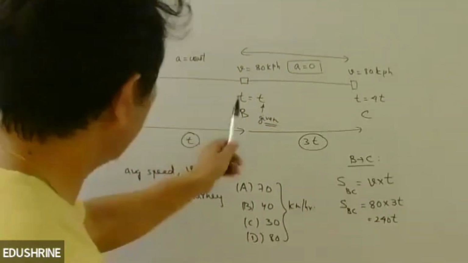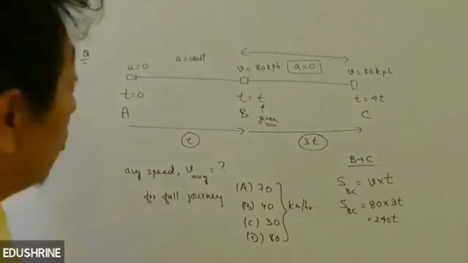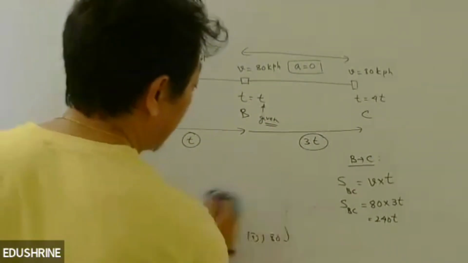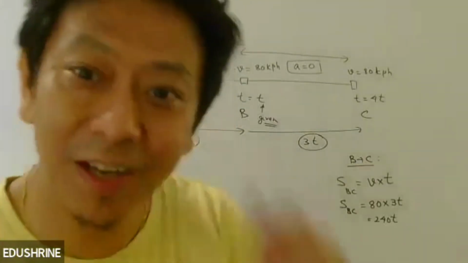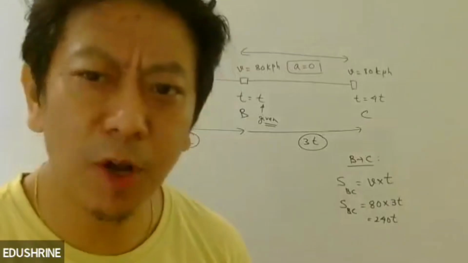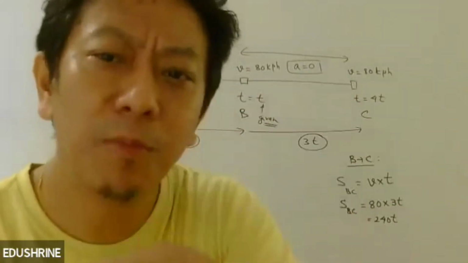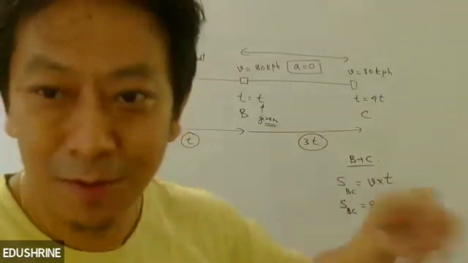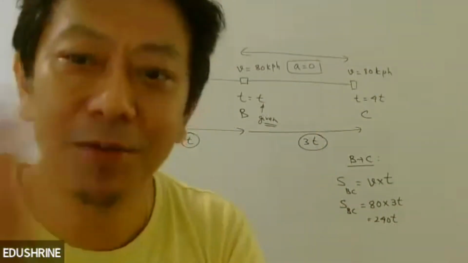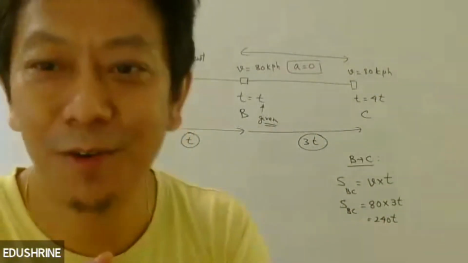Now from A to B, how to find displacement? If you use ut plus half at square, a will come, no? That is not a problem. Then we will use one more equation, v square minus u square equals 2as. So we'll find a from one equation and substitute in another equation. Still we can do.